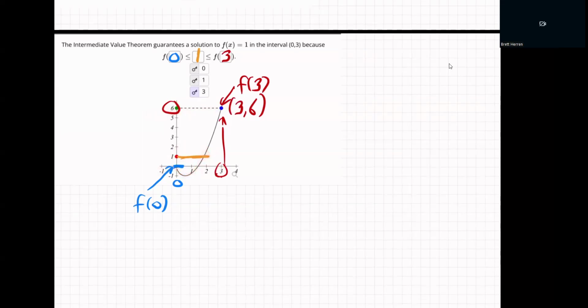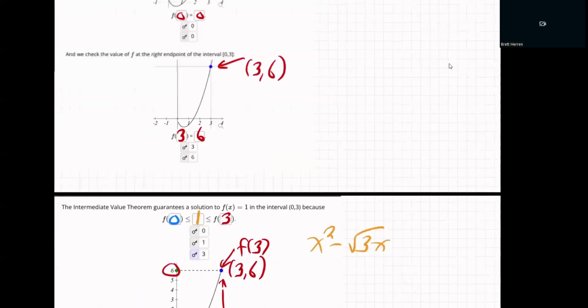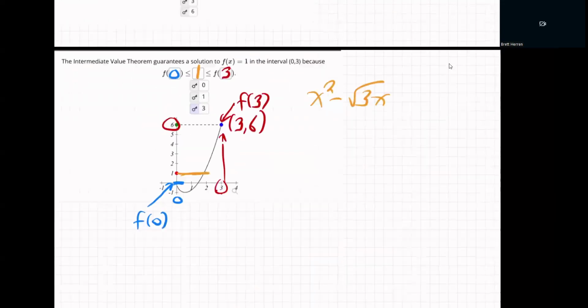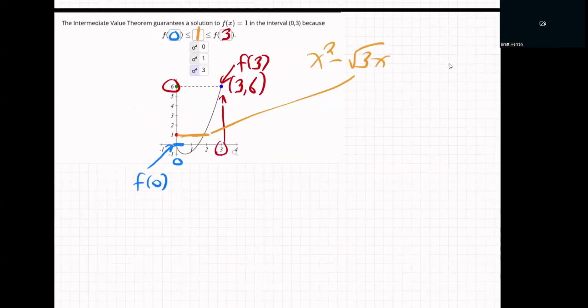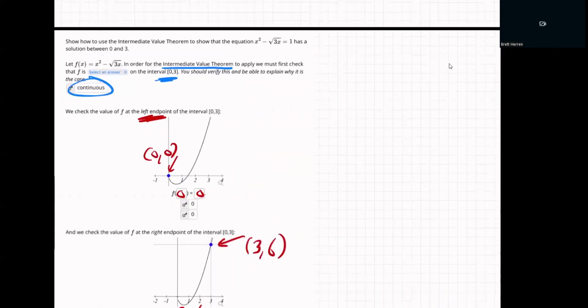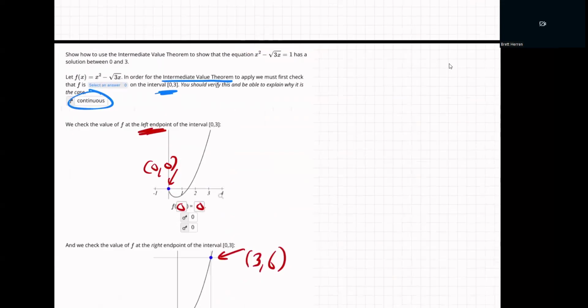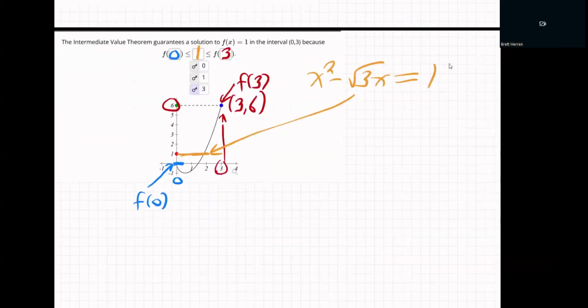This is the graph of x squared minus root 3x. We know right there where it hits a height of 1, it'll be equal to 1. That was the equation we were trying to solve, right? So how do we know it's going to do that?